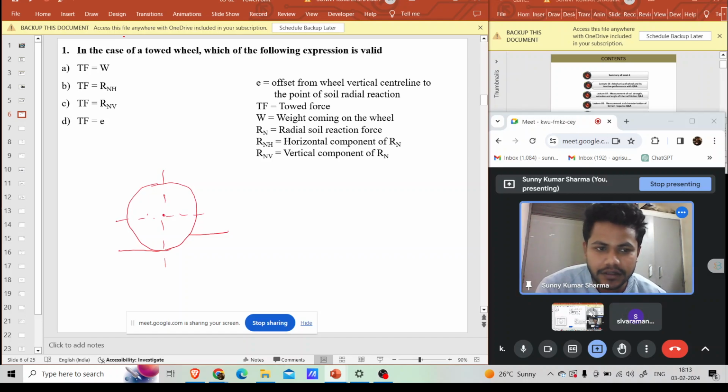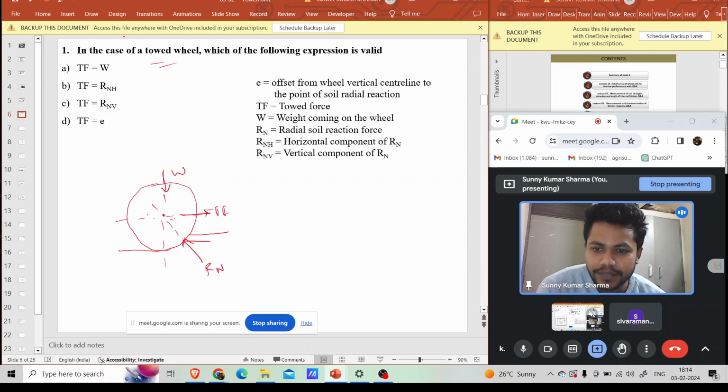TF will be equal to RNH. So let me explain this. What you said is correct. This is in case of a towed wheel. If we have a towed wheel, we have some vertical weight coming. This is the towed force. This is the radial force coming on the tire which passes through the wheel's center line, and this is denoted by Rn.